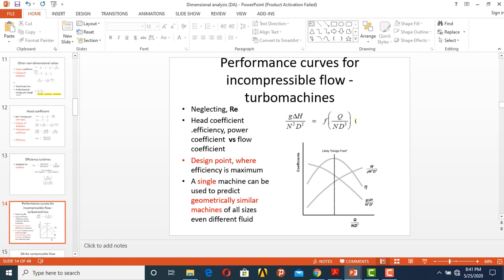If I have a machine with a smaller diameter, and I have a relationship of that smaller diameter with these non-dimensional ratios, when I come across a bigger diameter machine or a bigger impeller, I can easily determine what the head will be and what the discharge will be based on these non-dimensional ratios. So it gives us leverage to predict for a geometrically similar machine. For a geometrically similar machine, you can predict the performance or the functionality of these other machines.